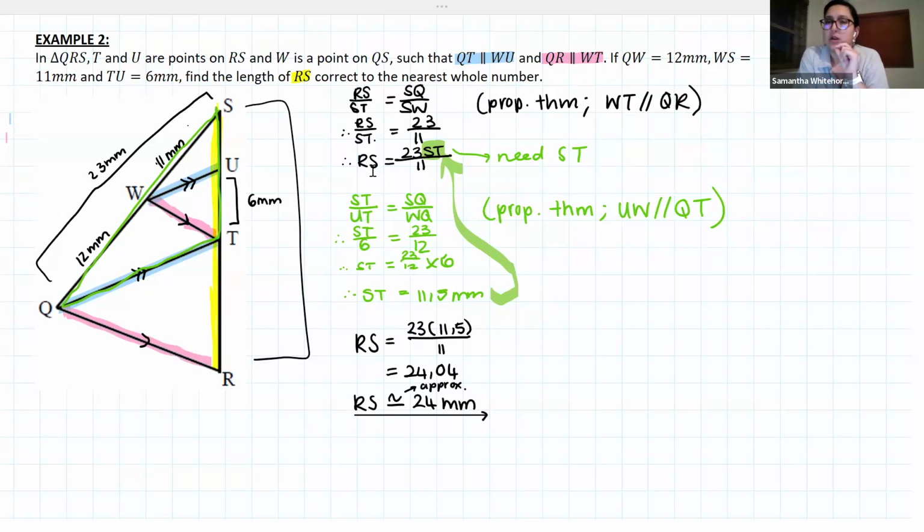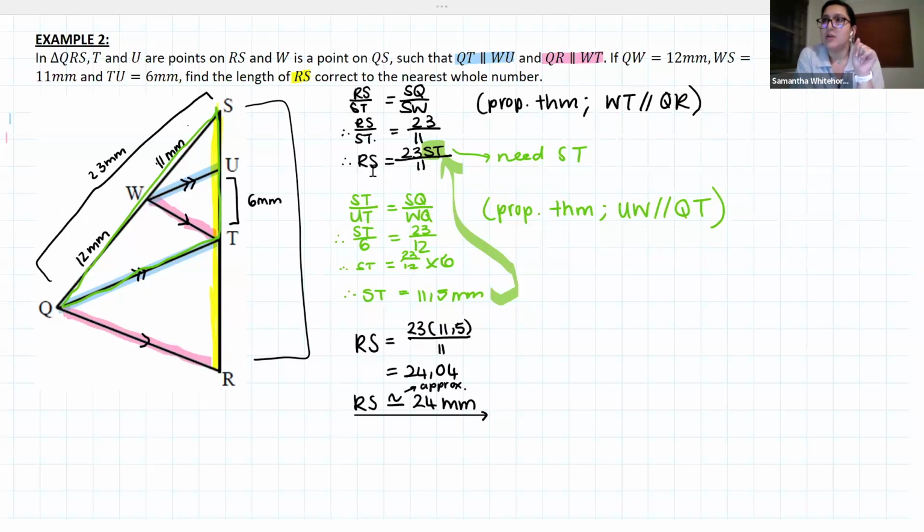But in this question, just looking at the information, I can tell you right now there is no way I would have thought, cool, I'm going to have to work out ST at some point. In a test, in an exam, when you're already feeling anxious and stressed, there is no way, unless you are really, really good at this, that you can look at this and say, based on everything I need, I'm going to have to work out ST first.